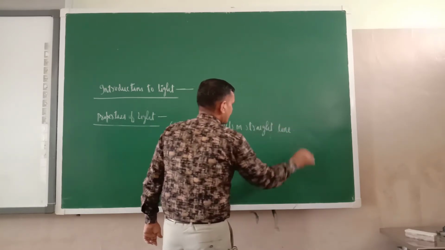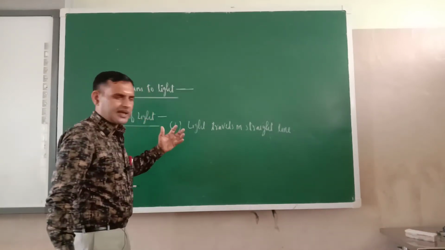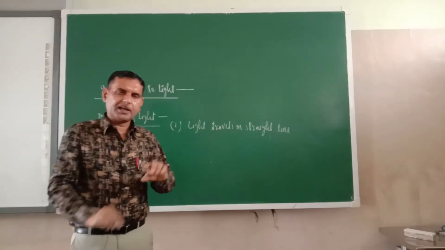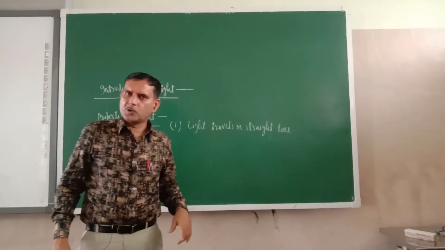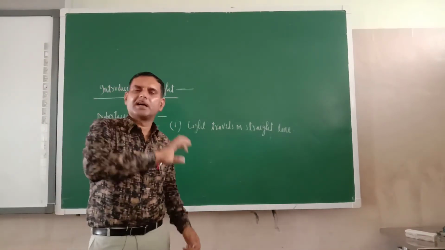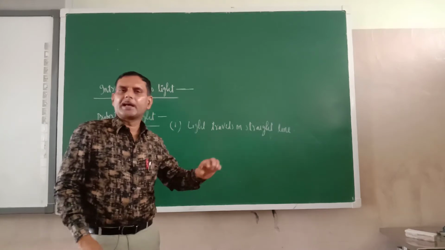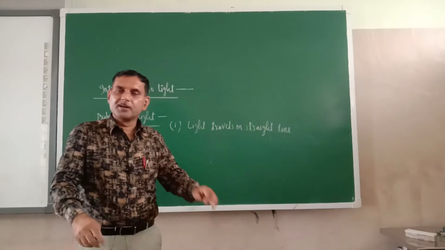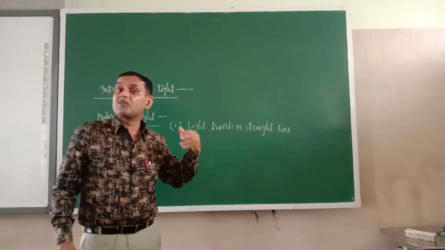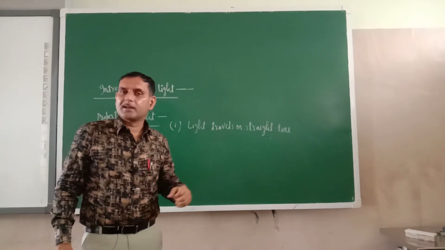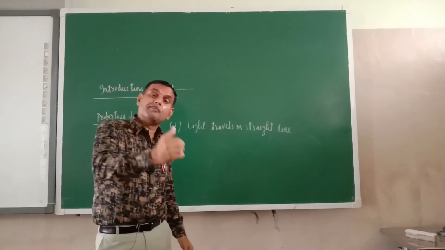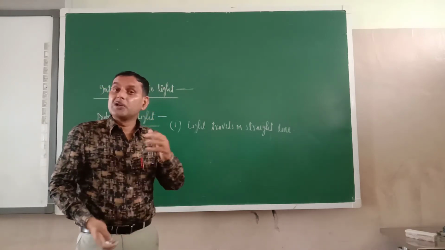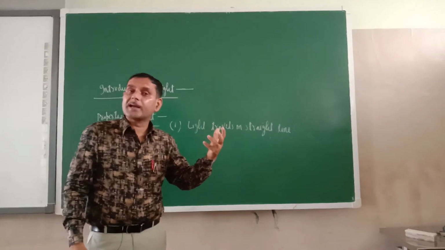How can you prove that light travels in a straight line? Keep one burning candle on the table. First you see the burning candle with the help of a straight hollow pipe. You will be able to see the burning candle. But if you want to see the same burning candle through a bent pipe, will you be able to see it?